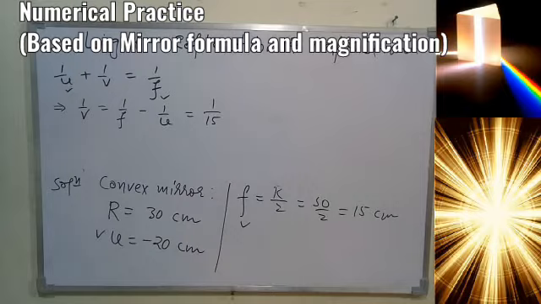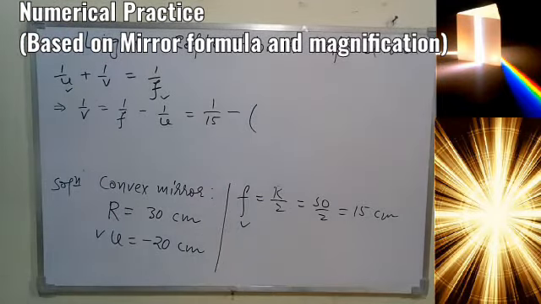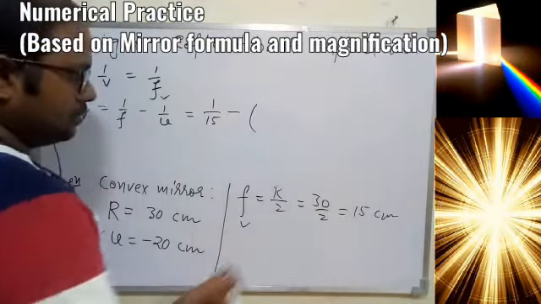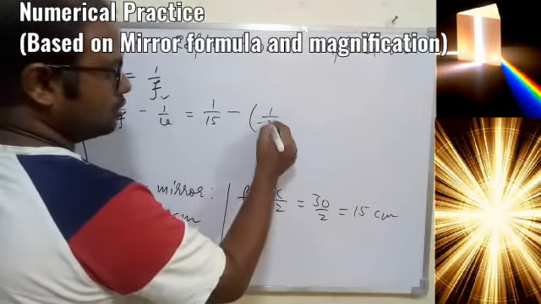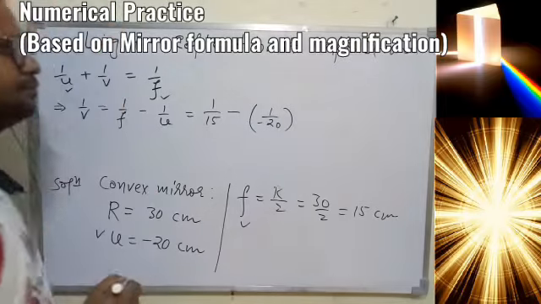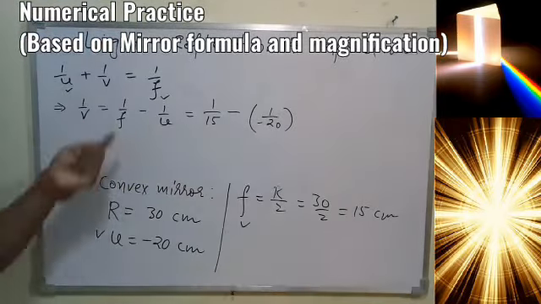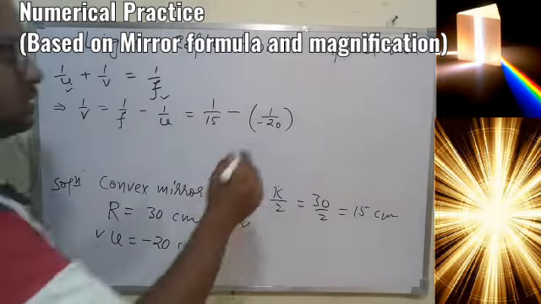15. So 1 by 15, 1 by f minus, again when you see minus, better you start with the bracket. Focal length is done. Object distance is minus 20. Again this minus is in the formula, and this minus is from the negative we have taken for the object distance.